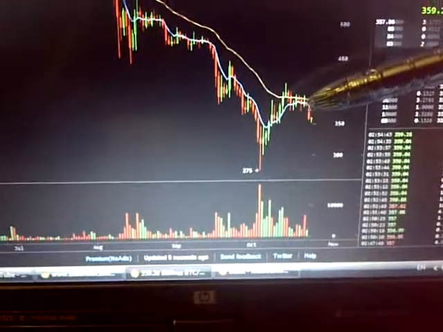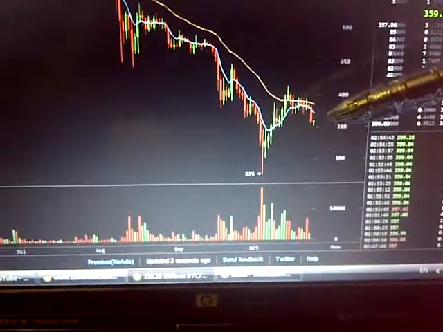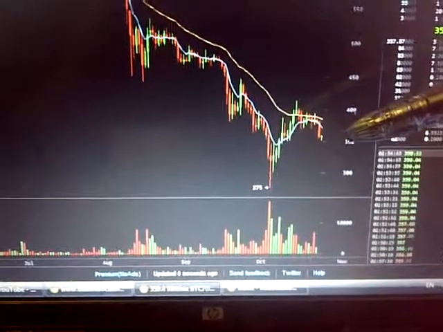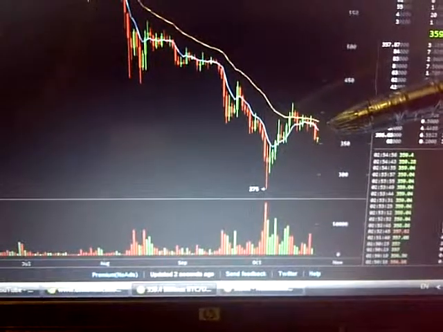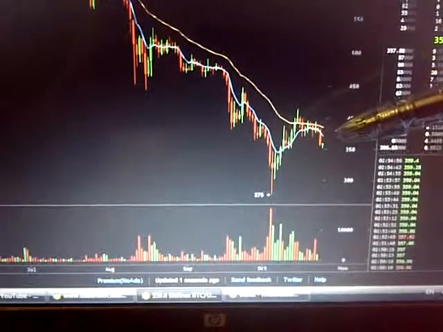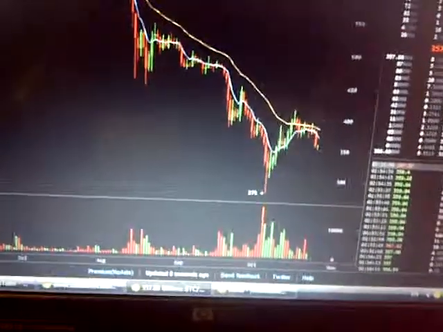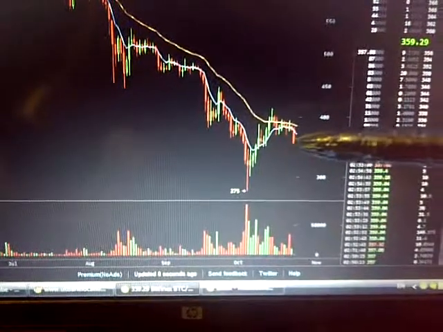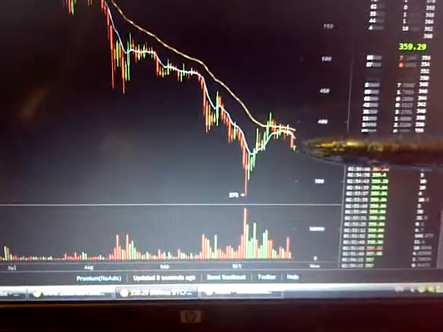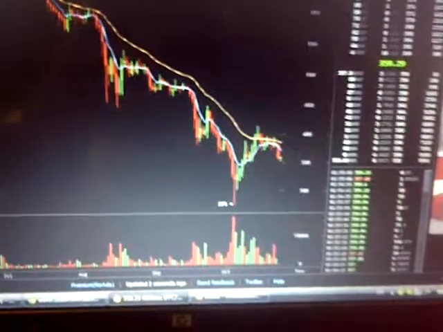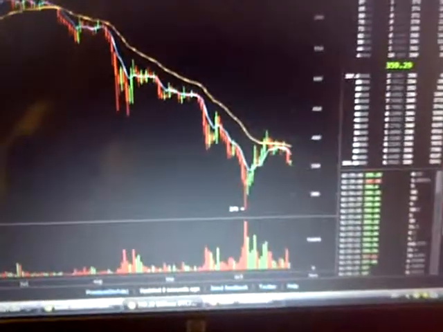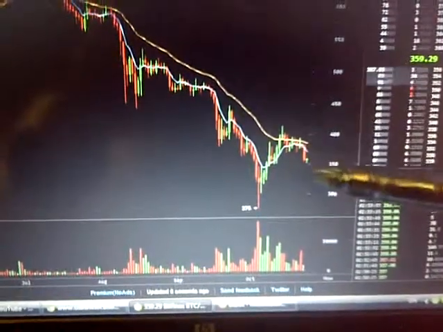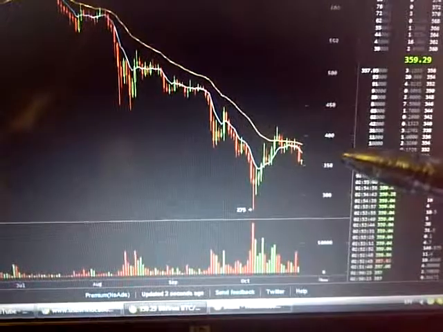So you have to pull back a little bit further to get a better idea, but you're going to have to see if that's going to work out for you. So that's kind of like the basic chart analysis. It could continue down further, but it's hard to say.